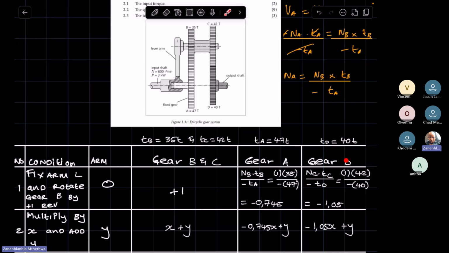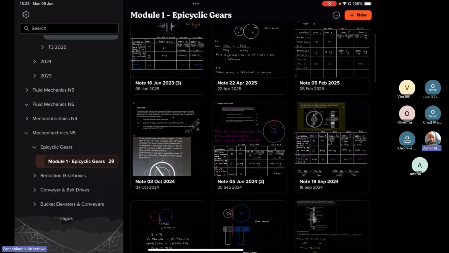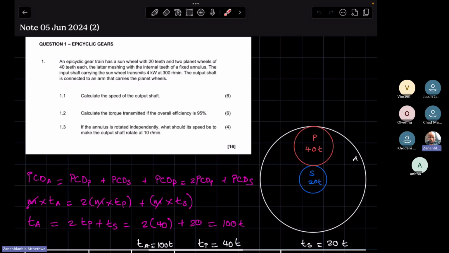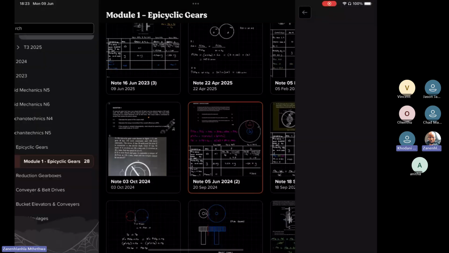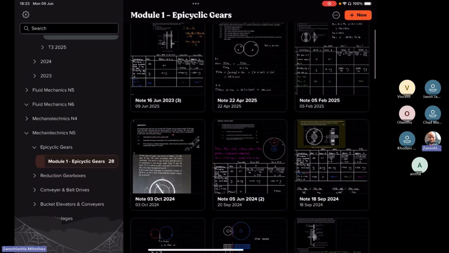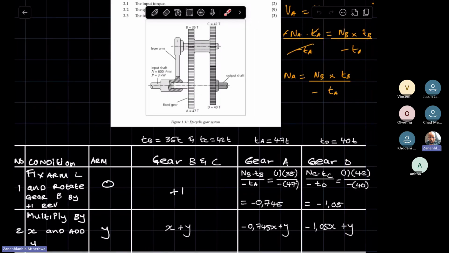If it's meshing with the inside teeth, you'd have to get something like this. Yes, I understand it when it's drawn like this, but when they give us a side view like the one that we were doing, this one? You mean like this? Yes.